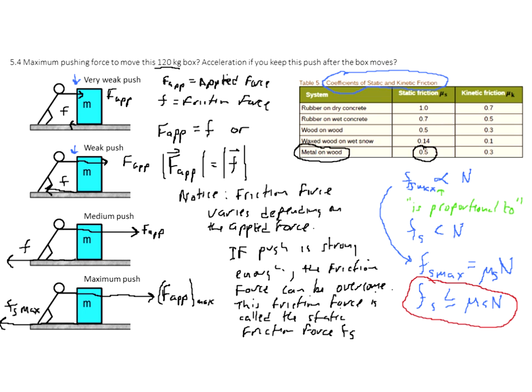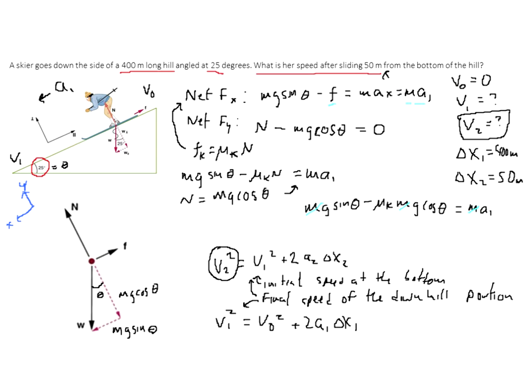Probably the best one here is waxed wood on wet snow, maybe. So kinetic friction is 0.1.